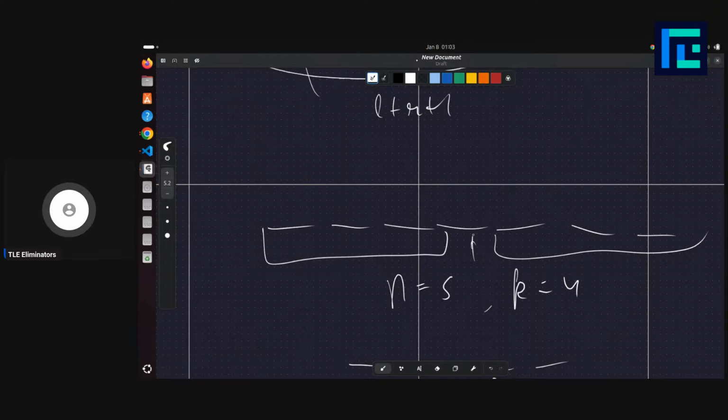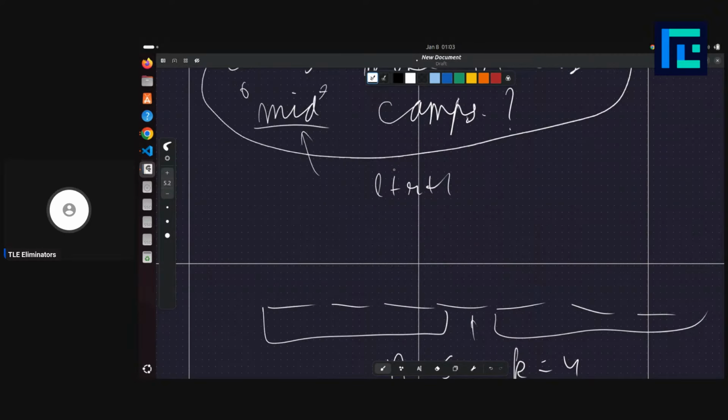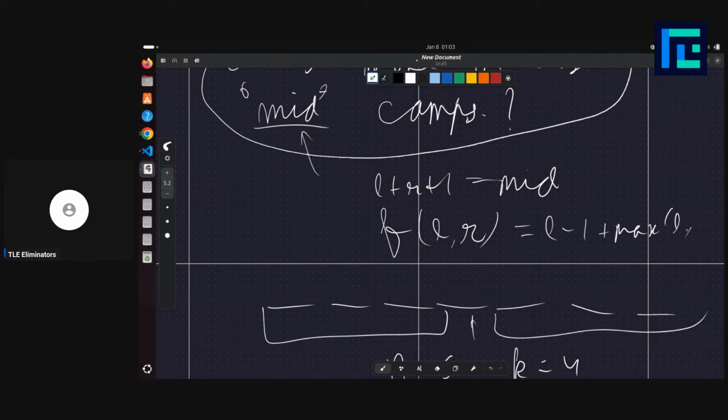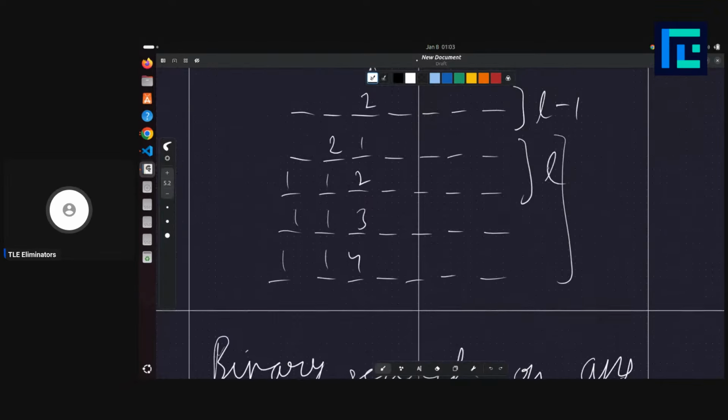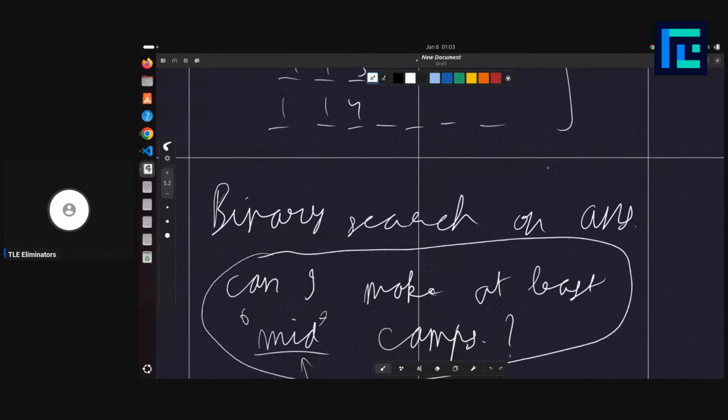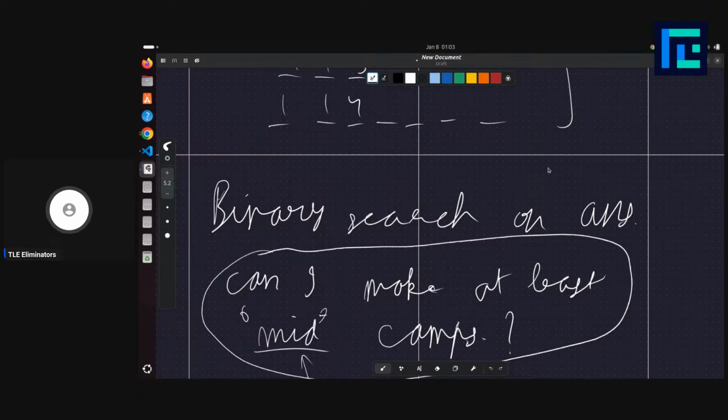I will check all L and R such that this value is equal to mid, and find the minimum value of f of L comma R, where f of L comma R is L minus 1 plus max of L comma R plus R. If this minimum value of f is less than or equal to my m, then I will update my binary search accordingly. That's how you can solve this.